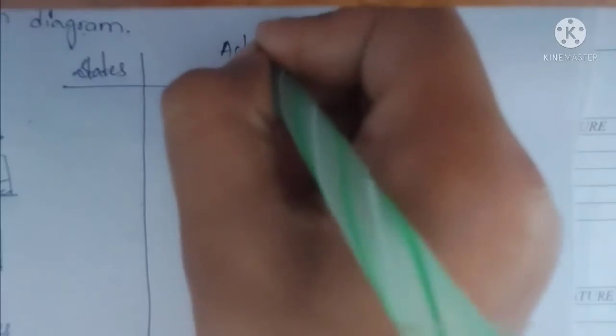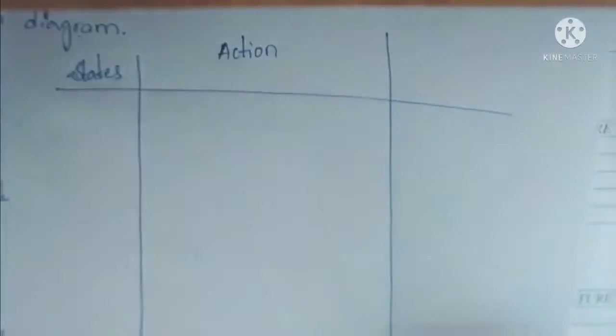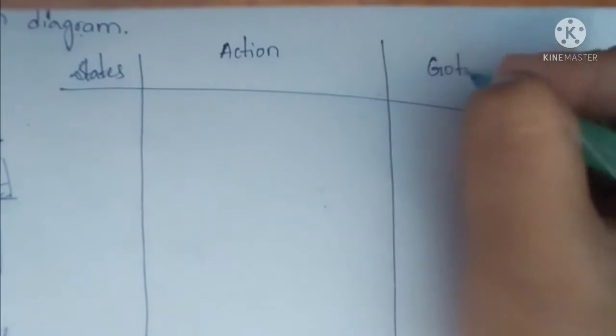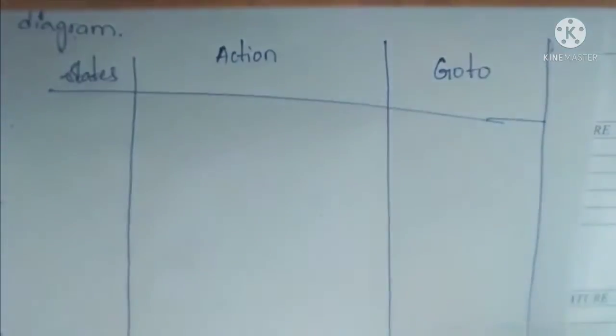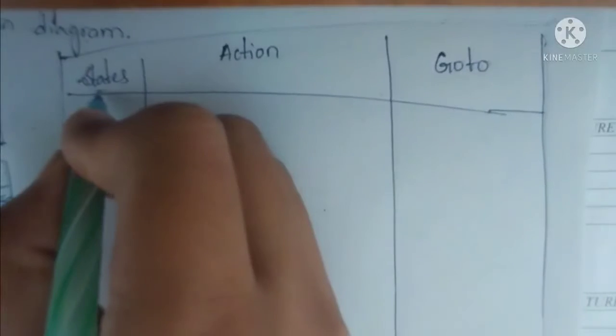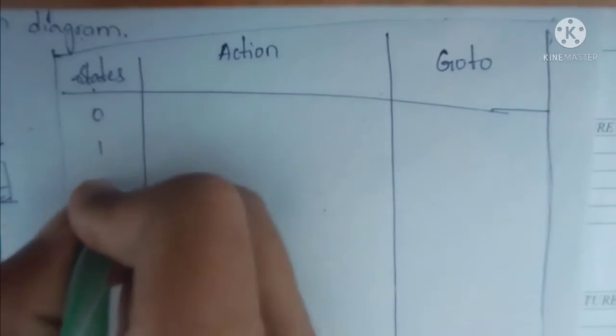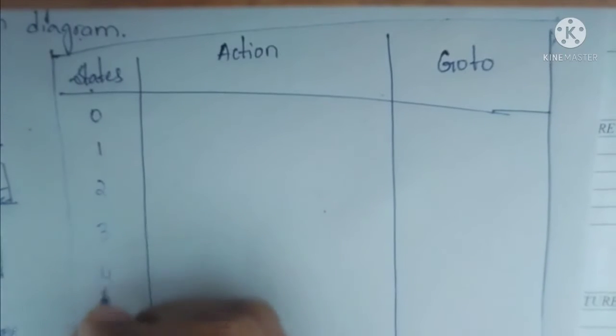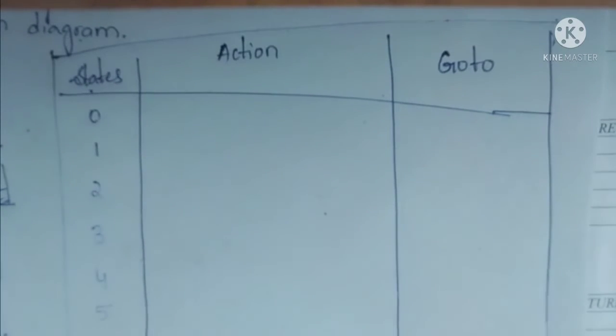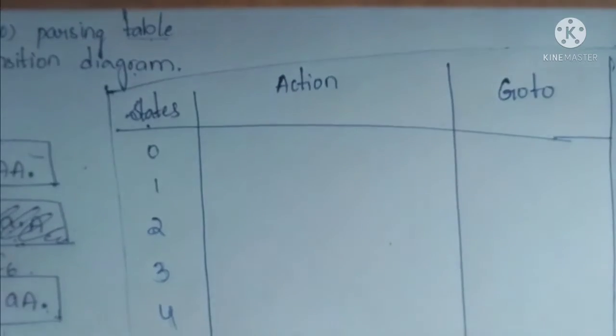Next action. We are having two columns. First one is actions. Next one is go to. In place of states we are having 6 states. You have to write 6 states.